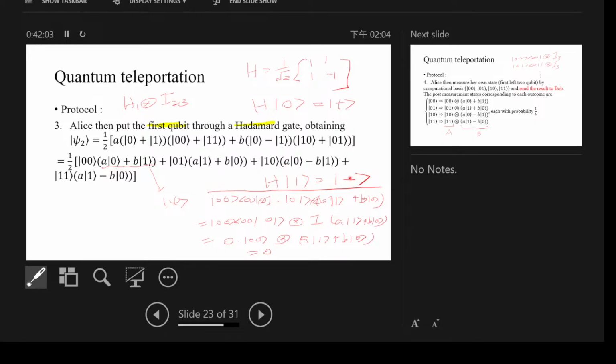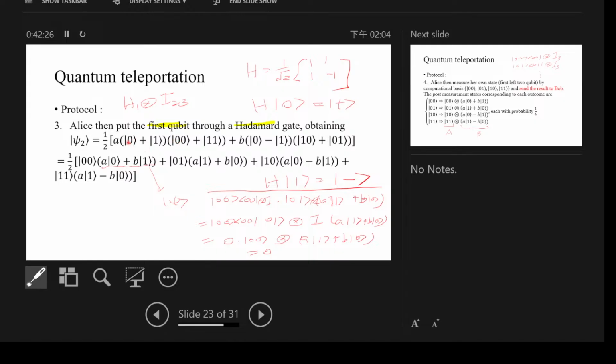And yeah, then this is the dirty part of this calculation. We just need to multiply out everything. So now instead of 4 terms, we have 8 terms. And of those 8 terms, we want to group them together in some nicer way. So we group together by what the first 2 qubits are. There are some results where the first 2 qubits are 0, 0.